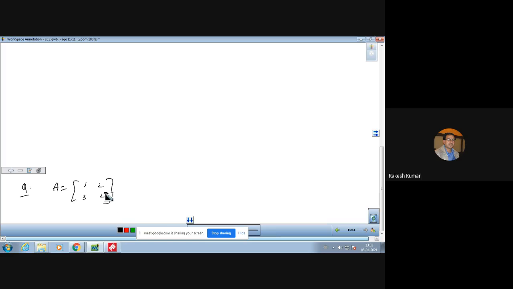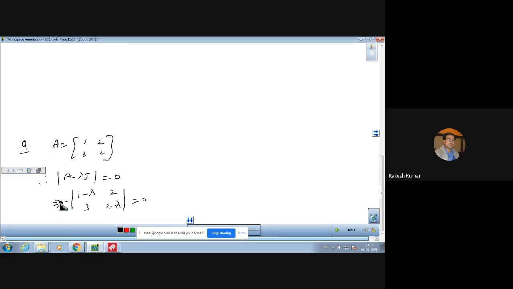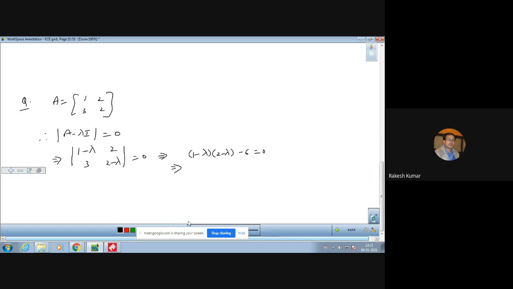So this is a matrix we have, and this matrix is 2 by 2. You will be able to find the characteristic equation: determinant of A minus lambda I equal to 0. We require this. So this is 1 minus lambda, 2, 3, 2 minus lambda, equal to 0, and we can expand this determinant to find the eigenvalues, because we require eigenvalues and eigenvectors in this.